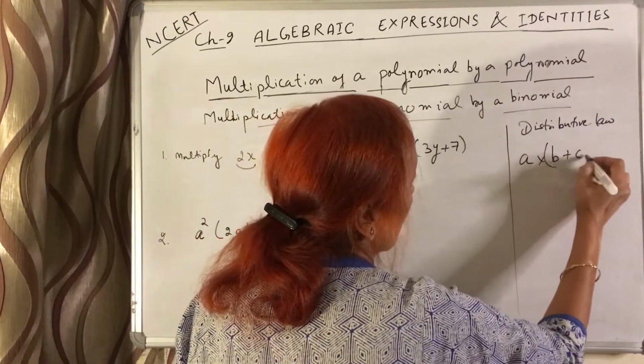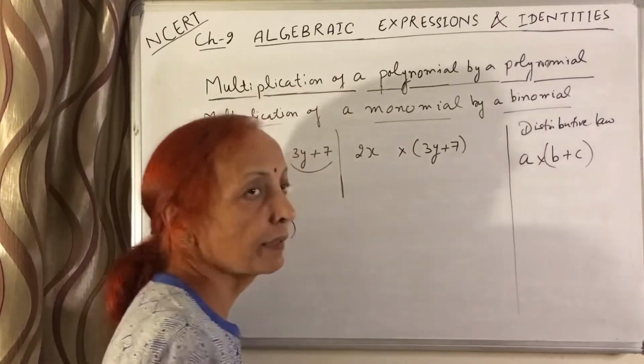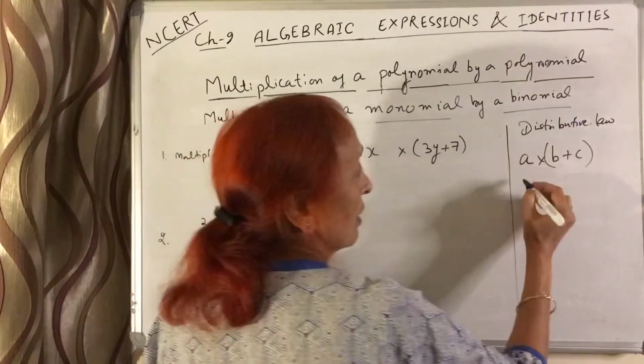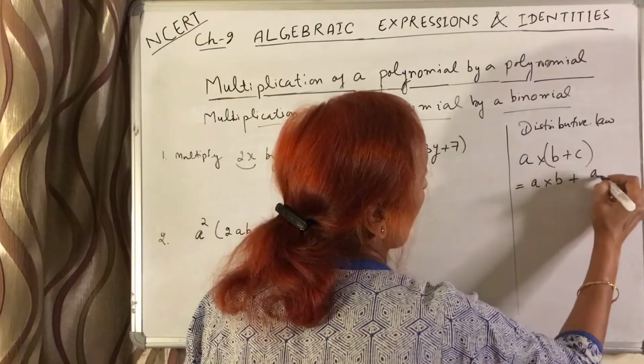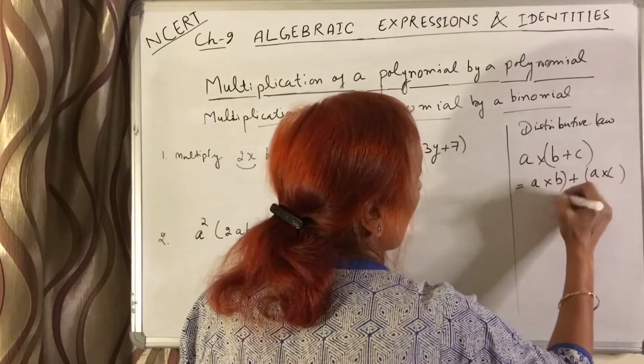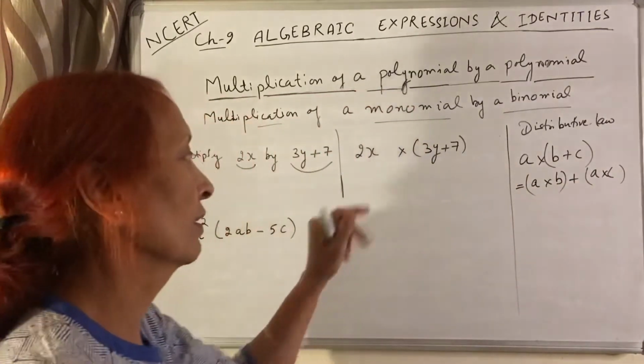The distributive law is: if A, B, C are three numbers, then A into B plus C is equal to A into B plus A into C. This we will use here.